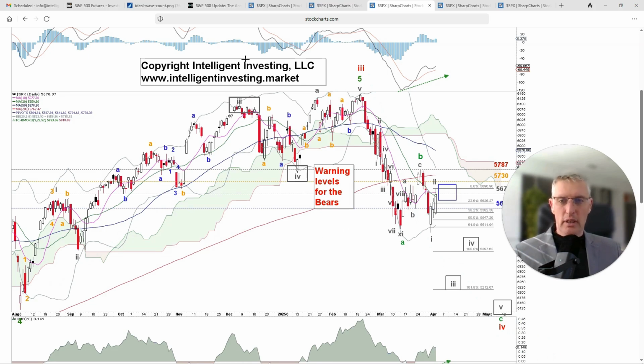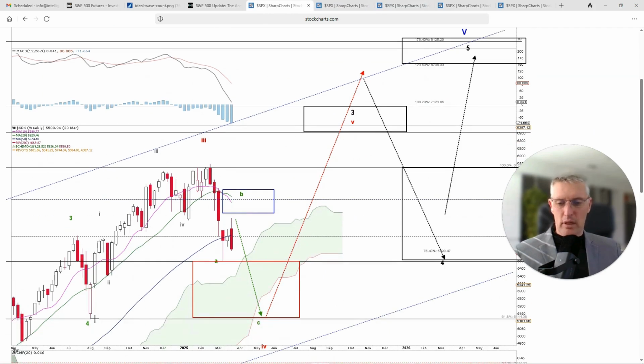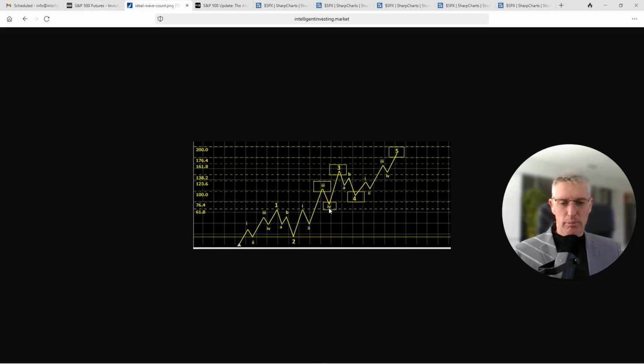Nothing out of the ordinary. Again, so far this matches picture perfect with the Fibonacci pattern, 61.8. Okay, if we bottom at 61.8, I expect the market then to rally to the 138.2%. Then drop to 76.4, and from there rally to 176.4.